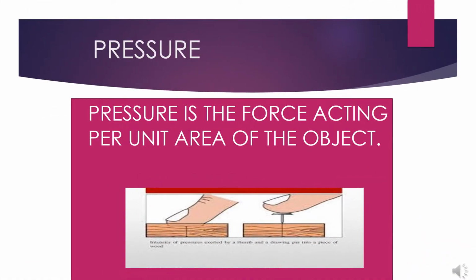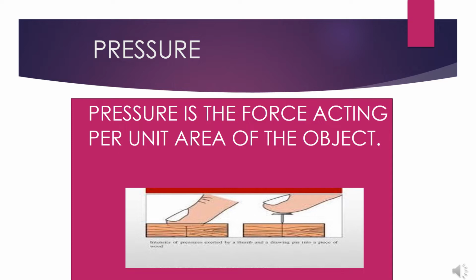So let's have a look at the term pressure. Pressure is produced when a force acts on an object. If we push our thumb hard on a piece of wood, the thumb does not go into the wood. But if we push a drawing pin into the wood with the same force of our thumb, the drawing pin goes into the wood, as is visible in the picture.